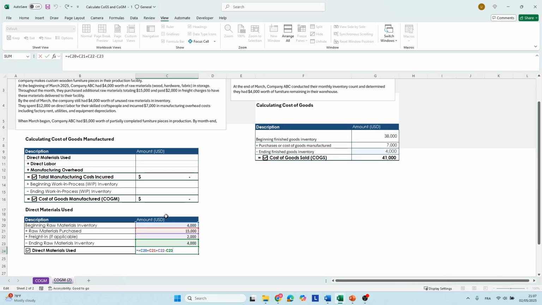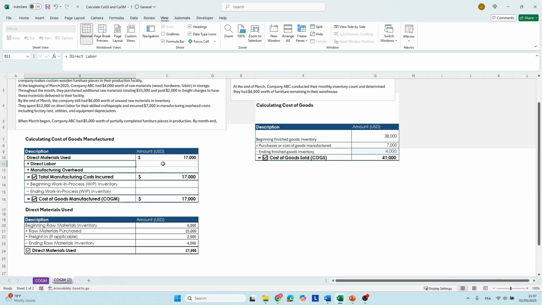So here the beginning and ending inventory are the same. So the cost of direct material used is the same as the amount that we purchased plus the additional freight cost. So here we get the first piece of information. We get the value for direct material used. We can just link it here.